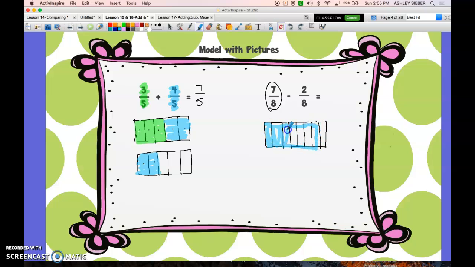This whole space is colored in. All right. Now I know if I'm subtracting, I'm taking away 2/8. So I'm going to cross out 2/8. 1/8, 2/8. And I'm left with 1/8, 2/8, 3/8, 4/8, 5/8. 7/8 minus 2/8 is 5/8.